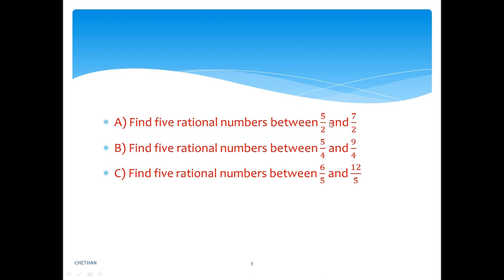Firstly you have to convert the fractions into decimal form. After that you can write 5 decimal numbers. After that you can convert those decimal numbers into rational numbers. This is the method you have to follow. Write these 3 questions and solve them on the basis of what we have done here.